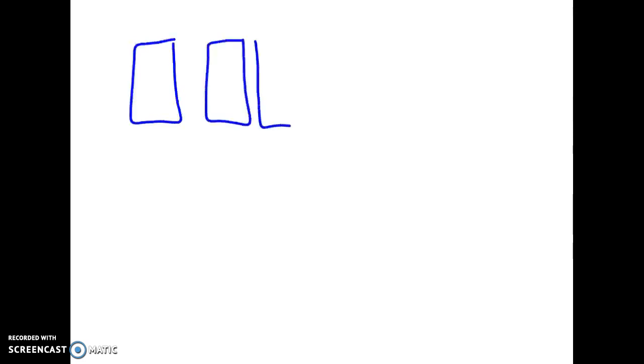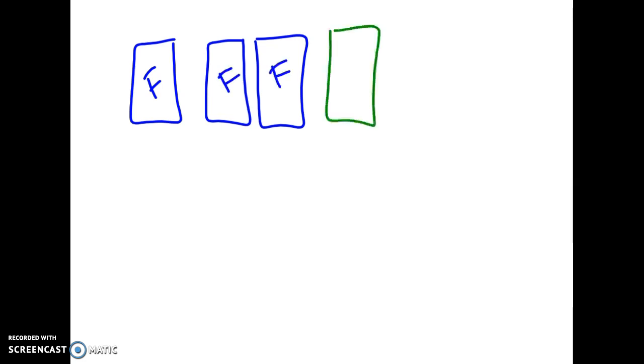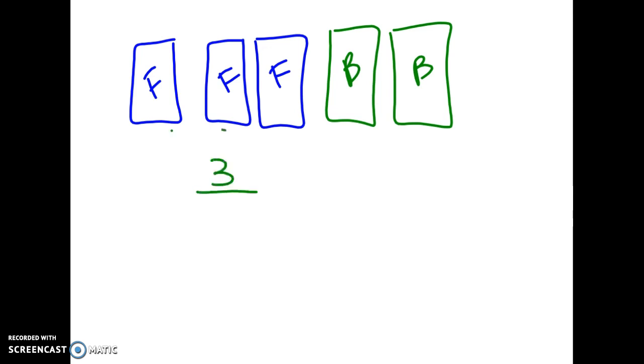So let's say that we had 3 football cards and 2 baseball cards. Okay? Probability of selecting a football card and keeping it. So there's 3 football cards out of 1, 2, 3, 4, 5.